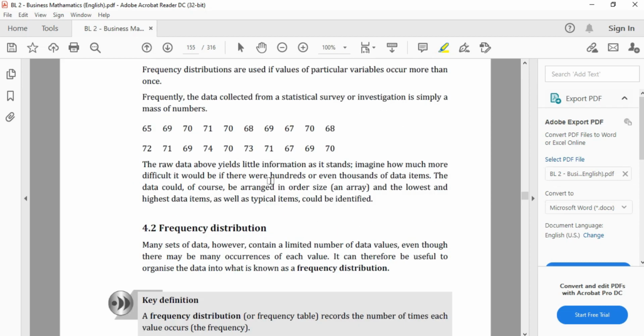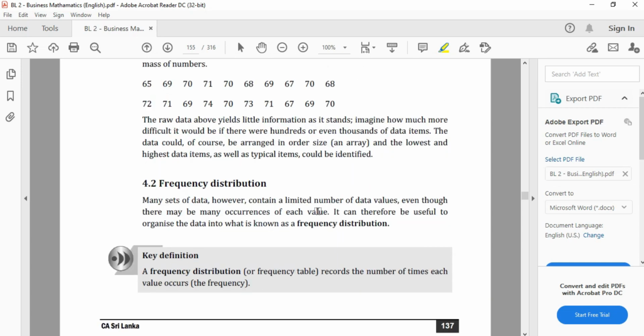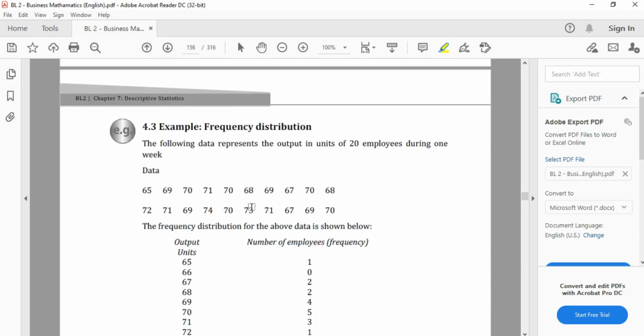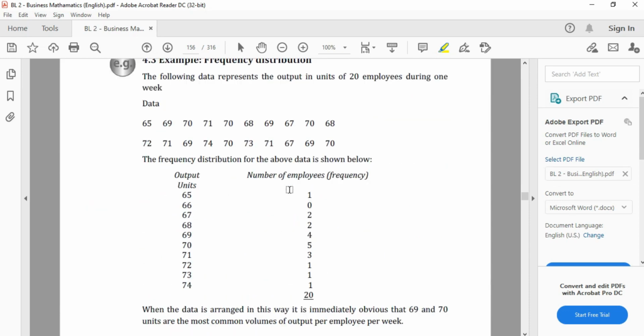Alright, let's look at frequency distribution. Frequency distribution records the number of times each value occurs. Basically, the frequency. So, a best example is here, where they show the total number of units produced by certain number of employees.